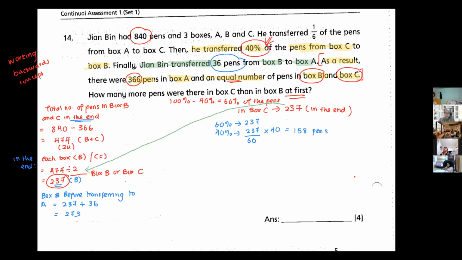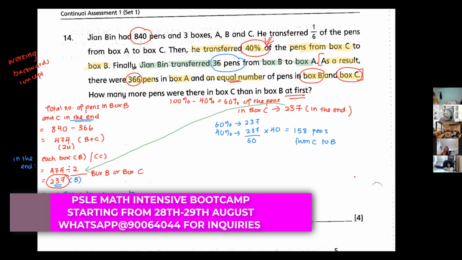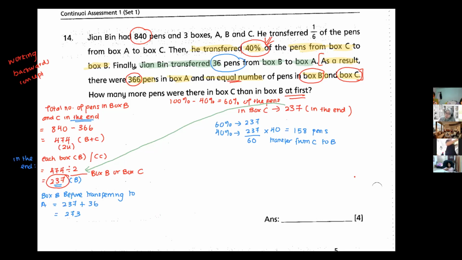This 158 pens is the 40% that I transfer from C to B. Just now, from B, we have 273. So the number of pens in B at first is 273 minus 158. Before I was given from my C, I don't have that 158. So I'm left with 115.